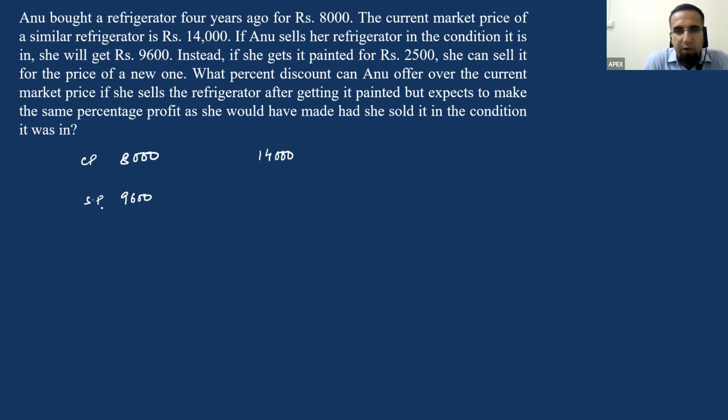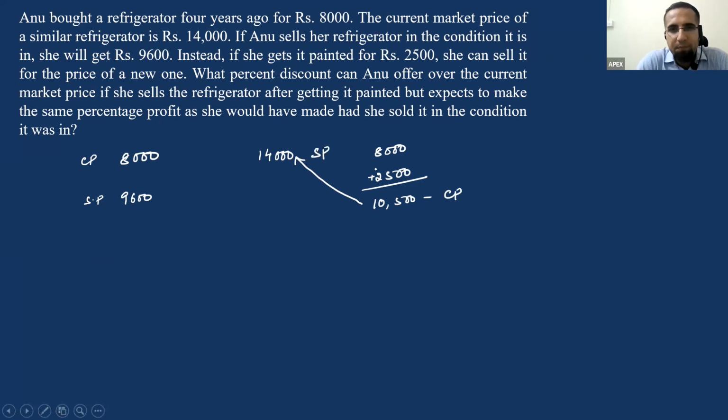Cost price, selling price. Instead, if she gets it painted, so let's say 8,000 and she gets it painted for 2,500 rupees. That means now the cost price would become 10,500. She will be able to sell at 14,000 as the selling price.